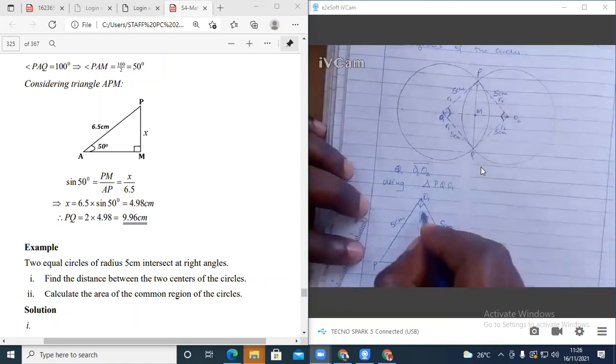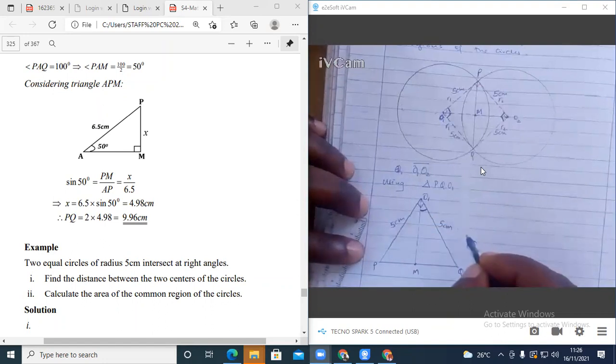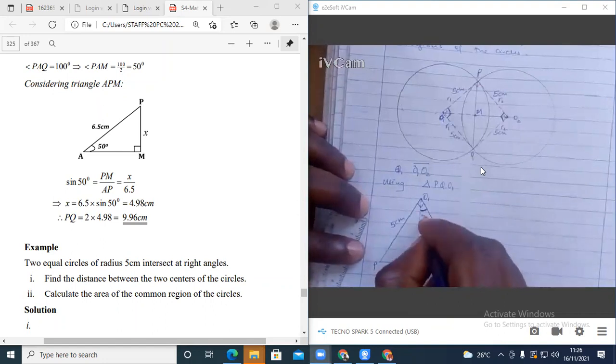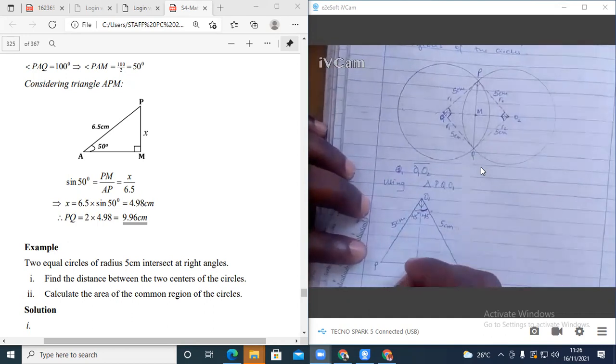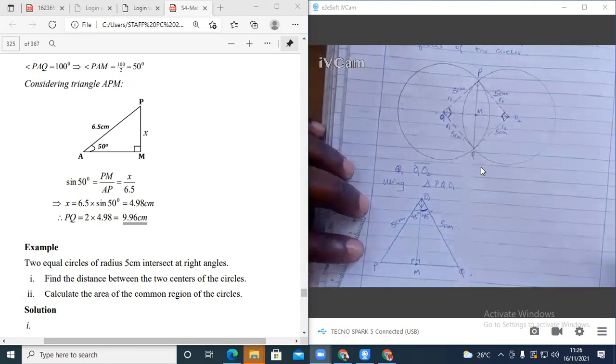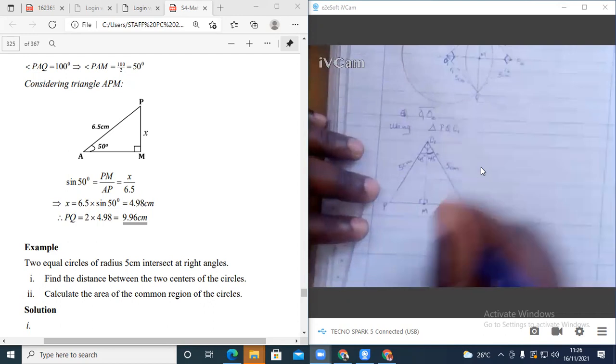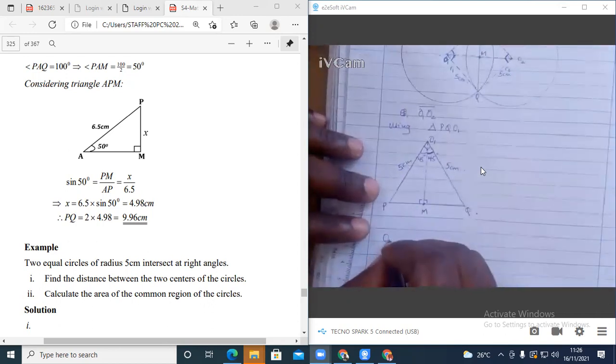So which angle is here? 45, correct. So 45 degrees. This is 90 on this side. So I want to get this distance here, so I can extract out a triangle O1PM.